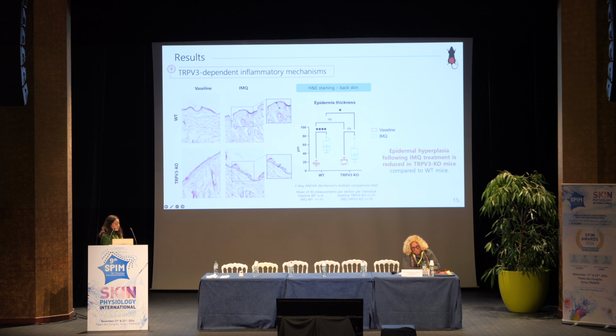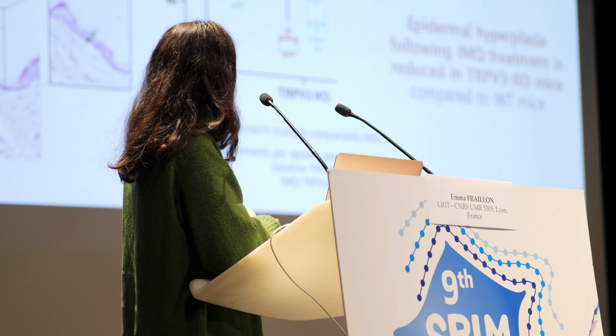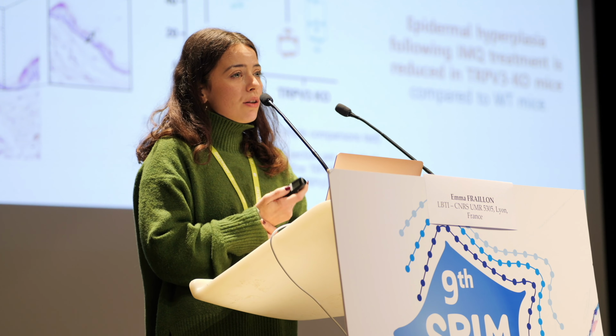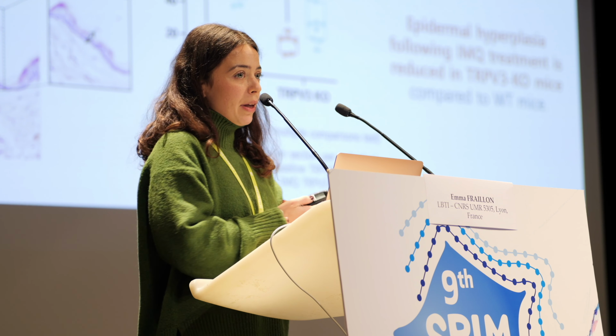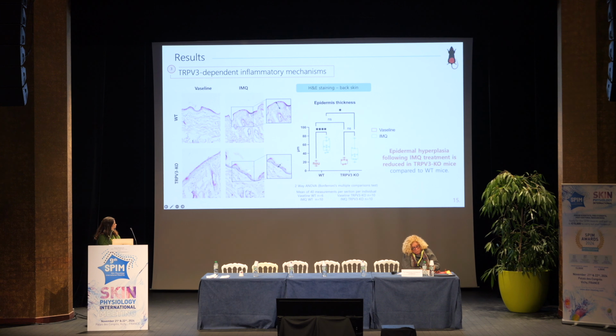To go a little bit further, I performed some skin sections, and you can see that in wild-type mice, after imiquimod treatment, there is an epidermal hyperplasia, which is normal and was expected. However, the thickness of the epidermis of TRPV3 KO mice following imiquimod treatment seems really reduced compared to wild-type mice.